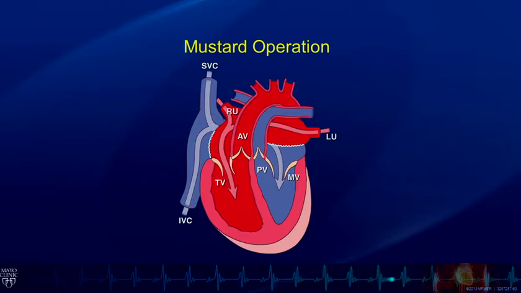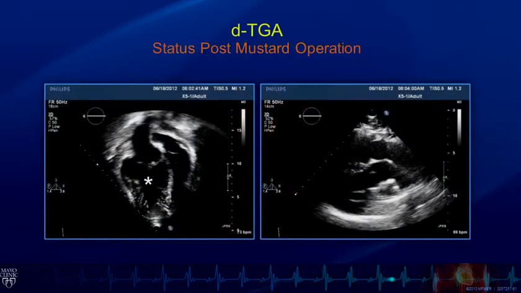And pulmonary venous blood, as demonstrated by LU, or left upper pulmonary vein, and RU, or right upper pulmonary vein, is redirected across the tricuspid valve and into the right ventricle, which of course in this situation is connected to the aorta. So this operation, the atrial switch operation, redirects the venous blood to the other ventricle and then leaves the morphologic right ventricle as the systemic ventricle.